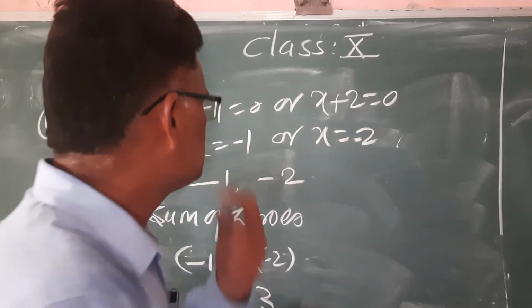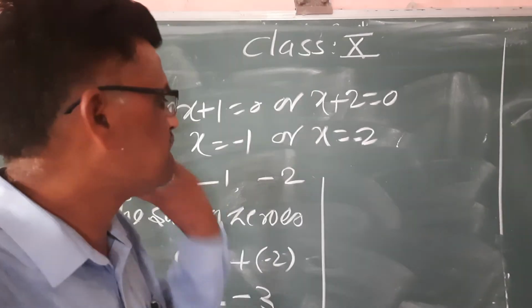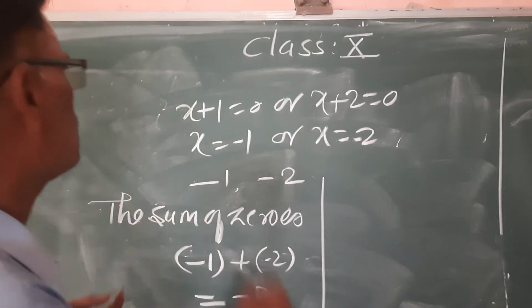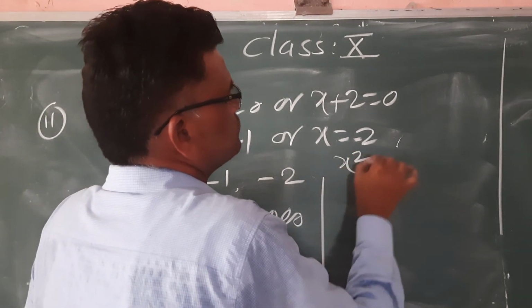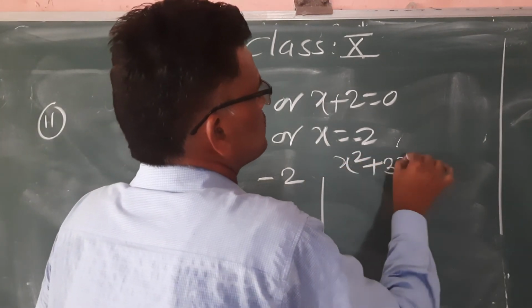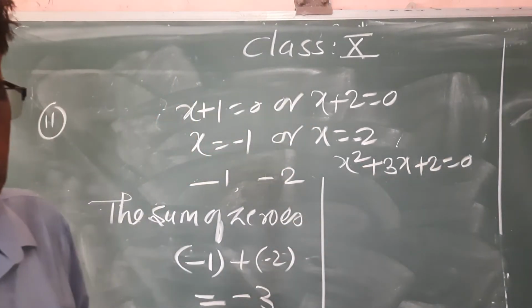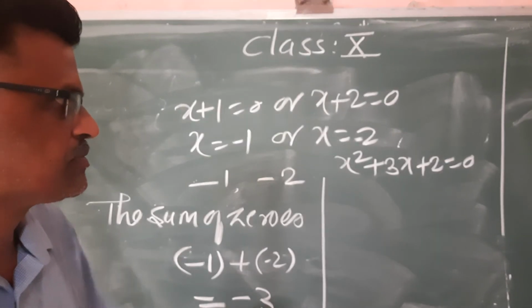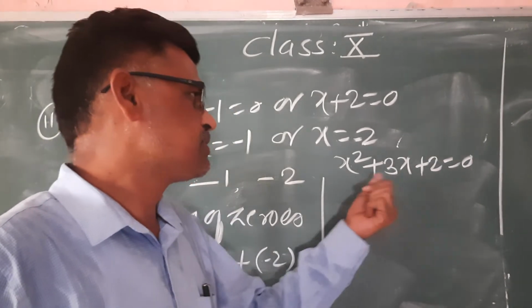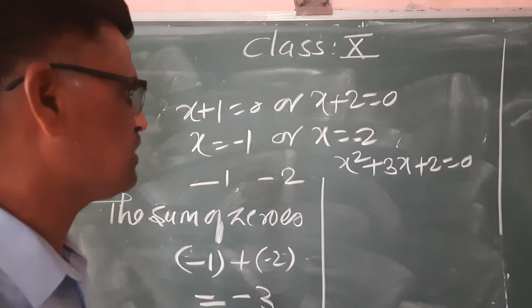We can check the relation of the coefficients. Here you see our polynomial is x square plus 3x plus 2 is equal to 0. Here 2 is the constant, 3 is the coefficient of x and 1 is the coefficient of x square.